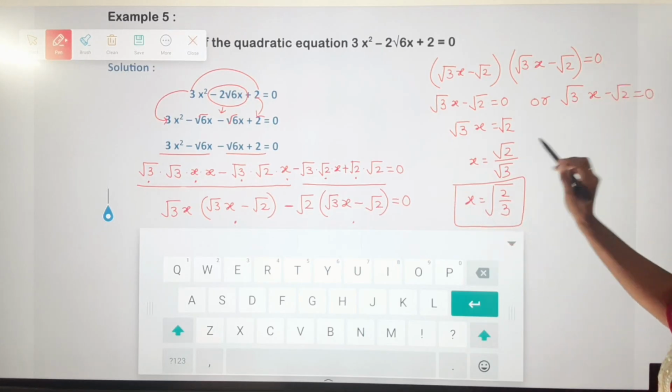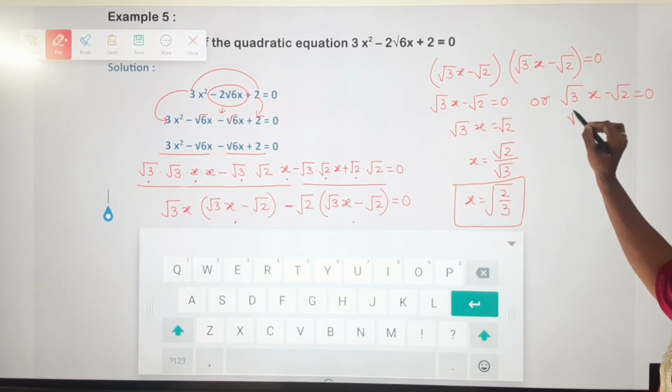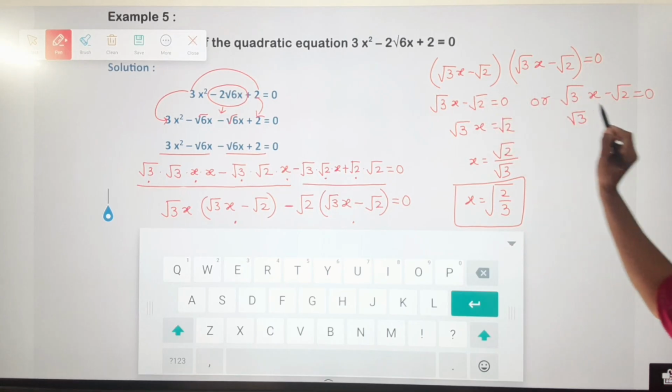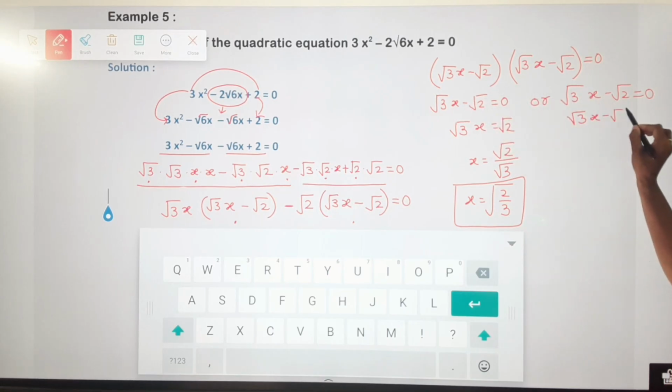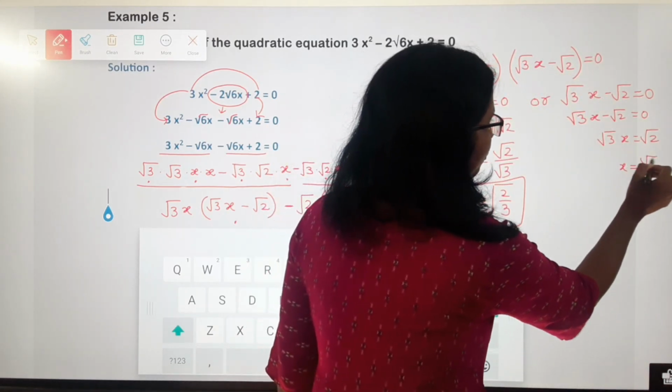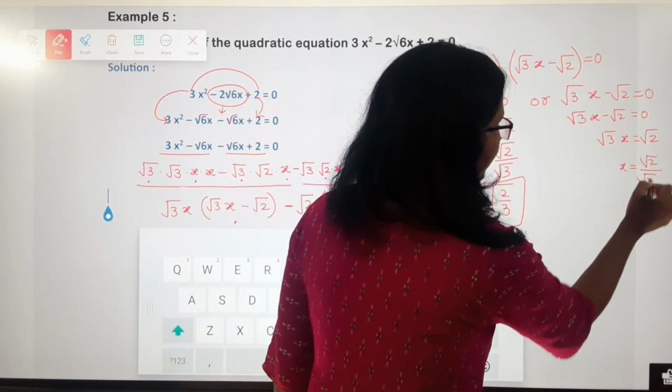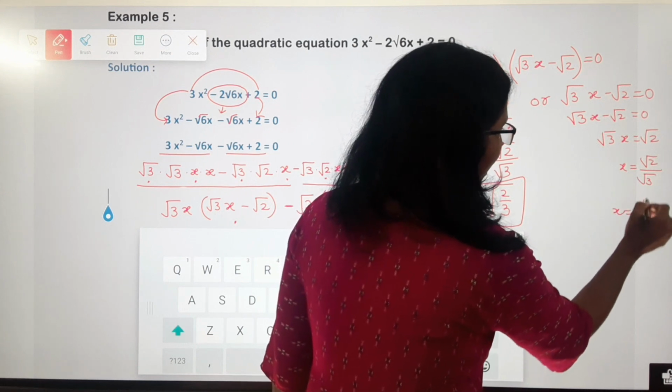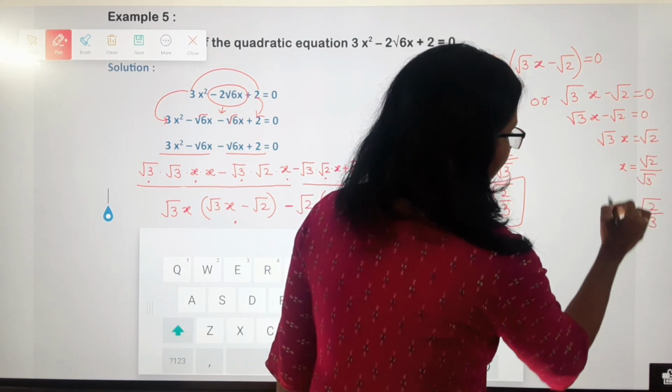Then the second value is the same, because the terms are equal. So root 3x minus root 2 is equal to 0, root 3x is equal to root 2, so x is equal to root 2 upon root 3. That means we write x is equal to the square root of 2 upon 3.